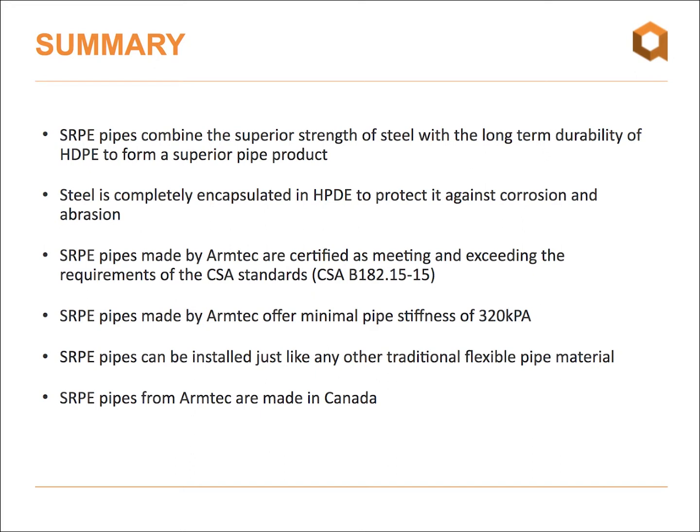Like I mentioned, variable pipe stiffness wasn't good enough for Armtec. Steel reinforced polyethylene pipe can be installed just like any other traditional flexible pipe material as per the requirements of CSA B182.11. And finally, the next generation of steel reinforced polyethylene pipes from Armtec are all made in Canada.